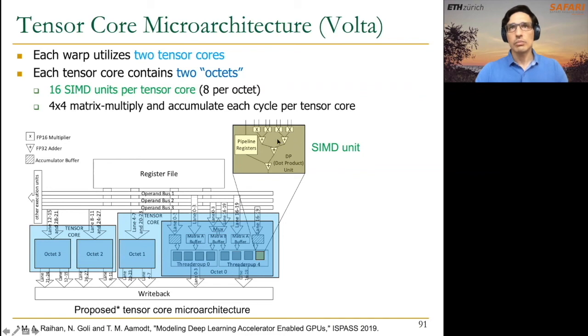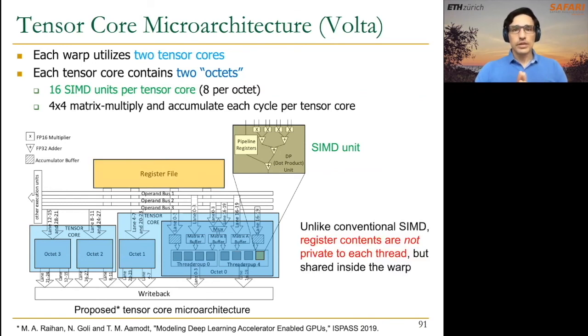Then we have multipliers, then a parallel tree reduction, and we obtain some value that is stored in the accumulator. So with these tensor cores, we can perform a 4x4 matrix multiply-accumulate in one cycle per tensor core. This is why they are so fast at executing matrix multiplication and consequently machine learning workloads.